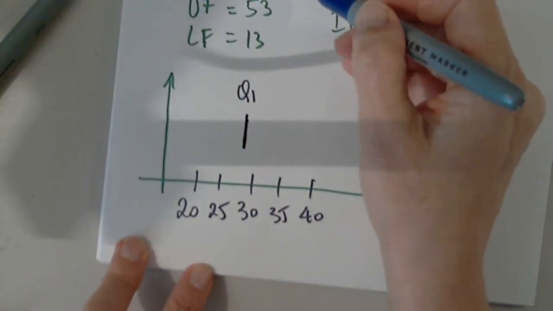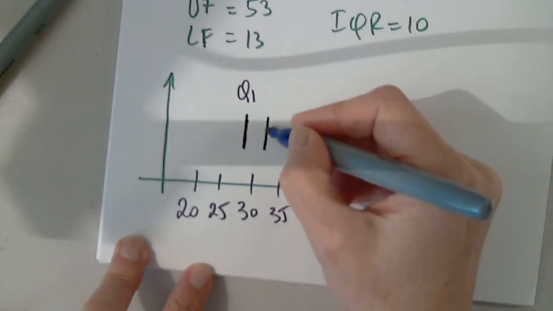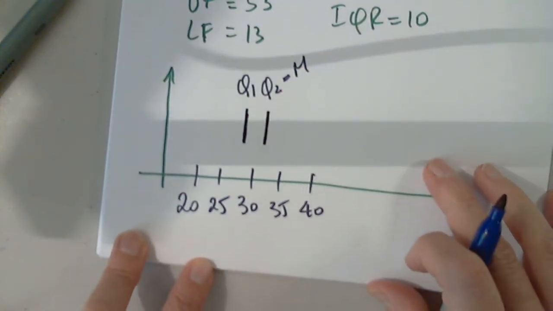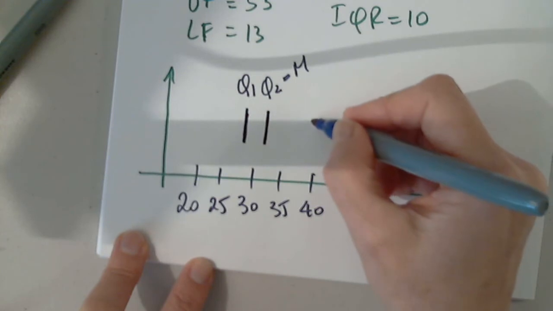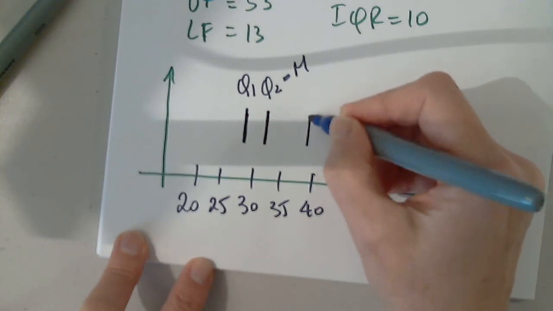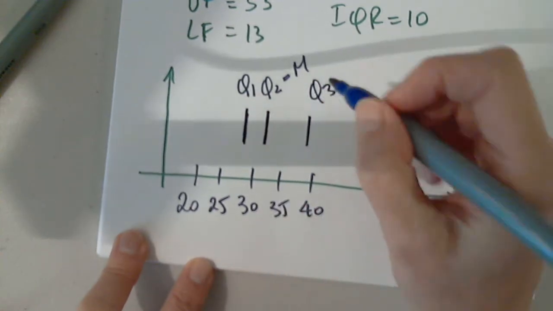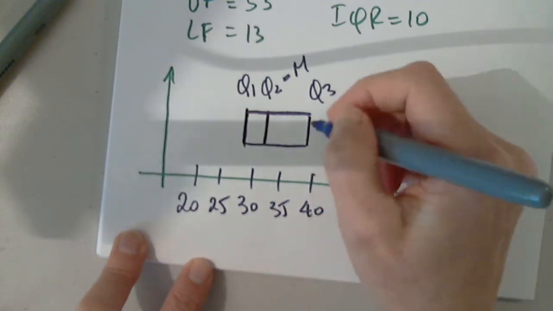I draw another vertical bar at 32.5, roughly. That's my Q2, or the median. Now, at 38, I draw another bar, same height. This is my Q3, and then I will close that box in.